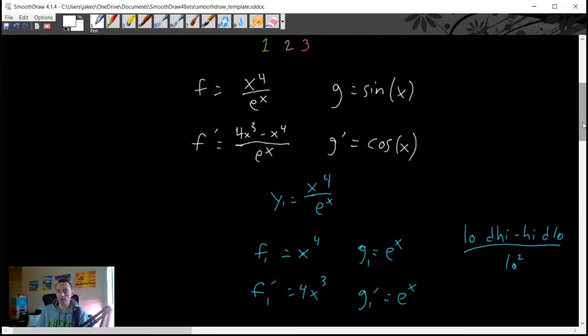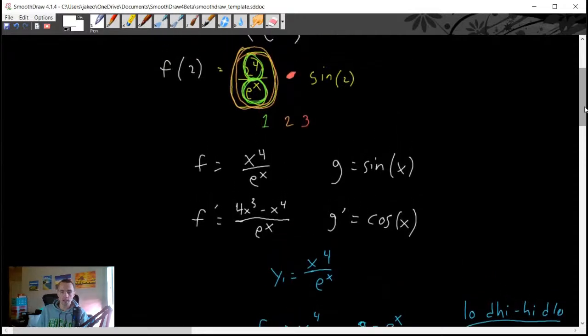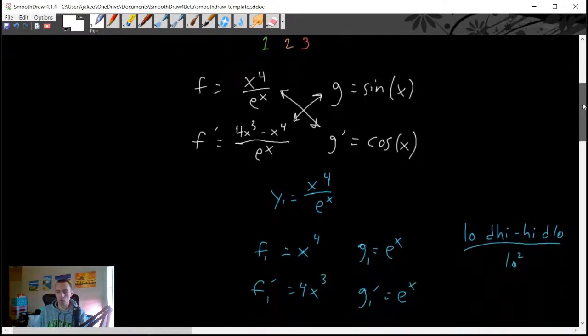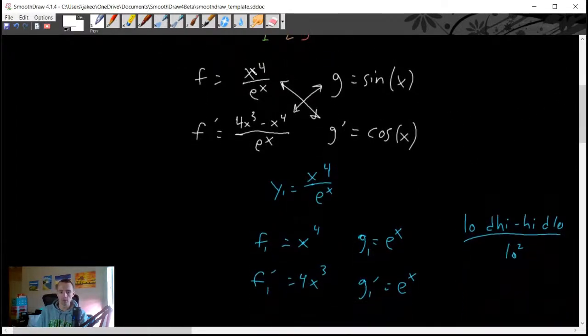So now that we have completed that side problem of applying the quotient rule, we can go back to the product rule. Product rule says we're just going to figure out our f, our g, our f prime, and our g prime, and then we're going to multiply these across. So we're going to do g times f prime, f times g prime, and then add those two things together. And it doesn't really matter what order you do it in. You just need to make sure that you're multiplying the right piece with the right piece, and then adding the result.